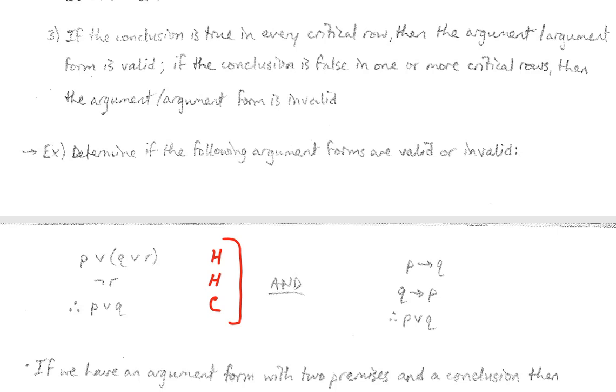Similarly, in this one here, P implies Q is a hypothesis. Q implies P is a hypothesis. We have our three dots, which stands for therefore, which tells us that this is going to be our conclusion.